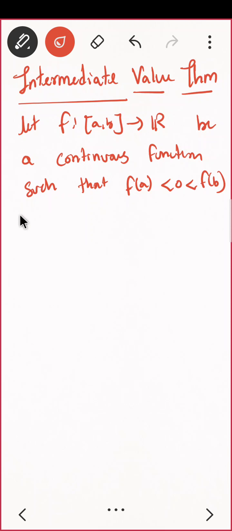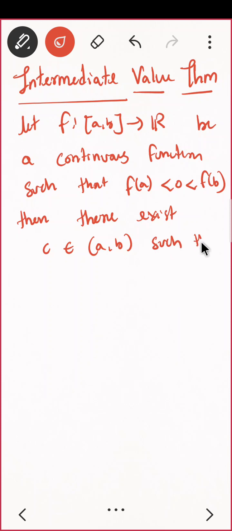Then there exists c belonging to the open interval (a, b) such that f of c will be 0. Okay. So read the statement once again and try to see what it is saying.